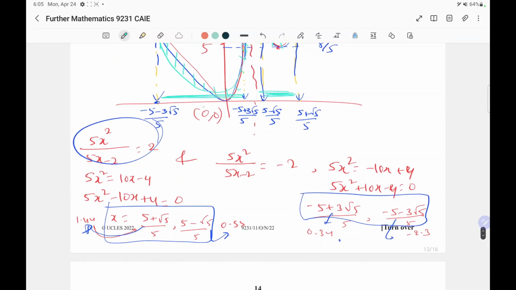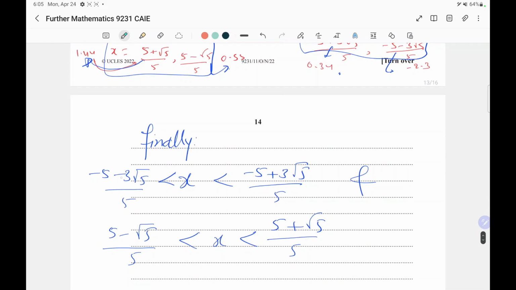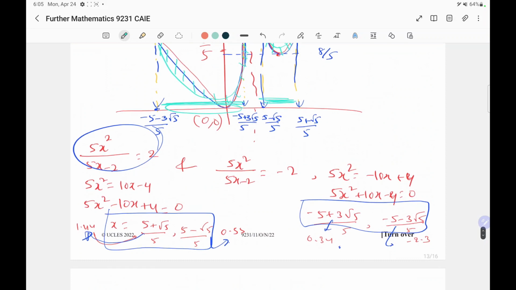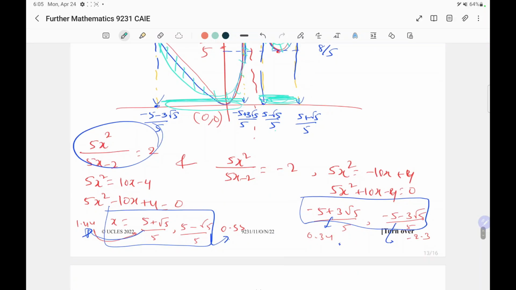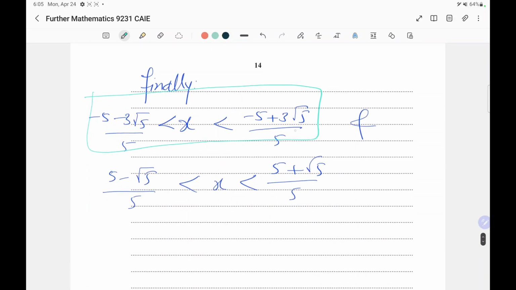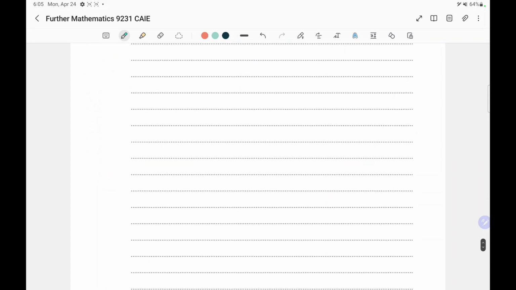So our answer should be this region, which is (-5 - 3√5)/5 to (-5 + 3√5)/5, this one, and this one, (5 - √5)/5 to (5 + √5)/5, this one. If you simplify further, you can get that also, it doesn't matter, but these are the regions.